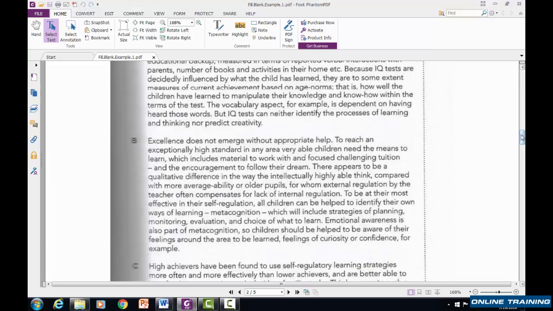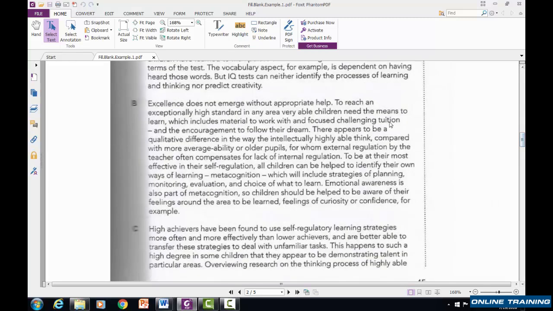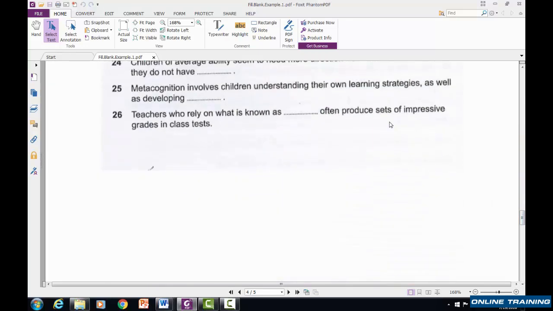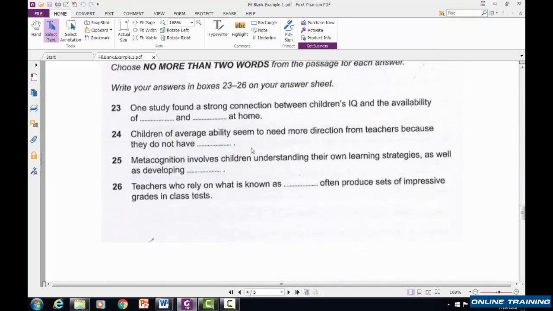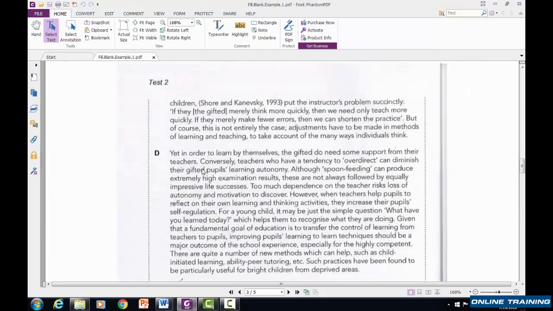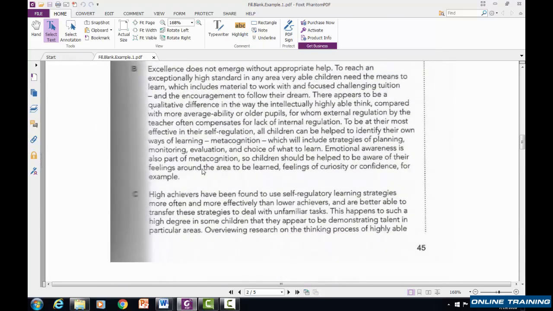Emotional awareness is also a part of metacognition. All right, so when we look at our question for number 25, metacognition involves children understanding their own learning strategies as well as developing, the answer that goes here is emotional awareness, because it says emotional awareness is also a part of metacognition.